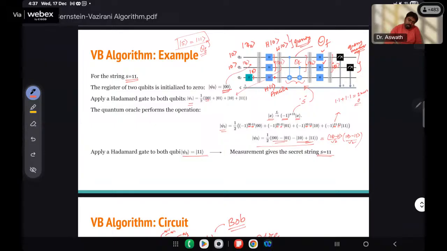And psi 1 is H acting on 0 tensor H acting on psi 0. That is a tensor product. And if there is a tensor in phi, the angle phi, it is not there here. It is just minus 1 to the power of s dot x, which is bit by bit. What I mean is s dot x is s1 x1 plus s2 x2. It's like a dot product between two vectors.